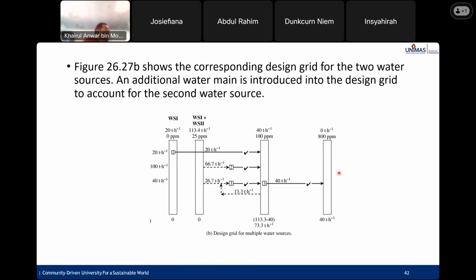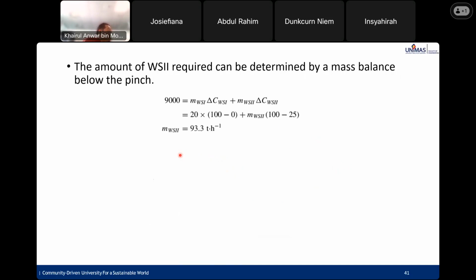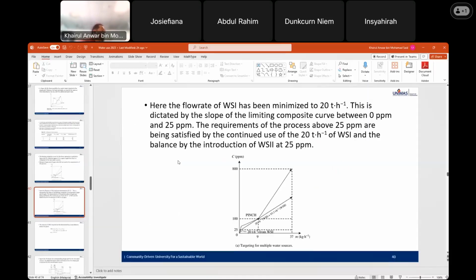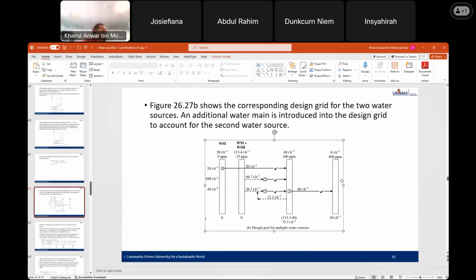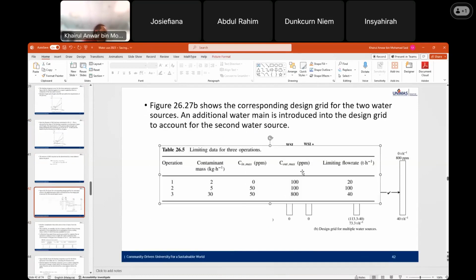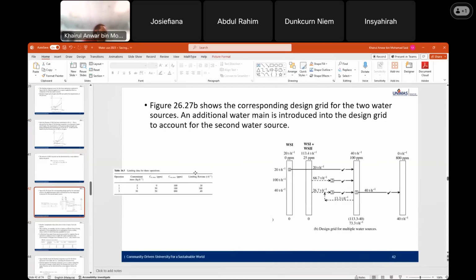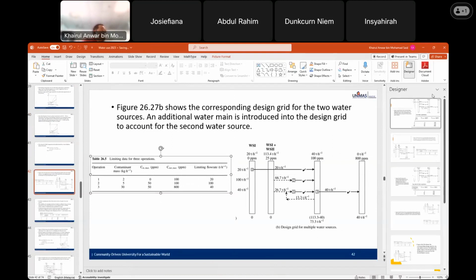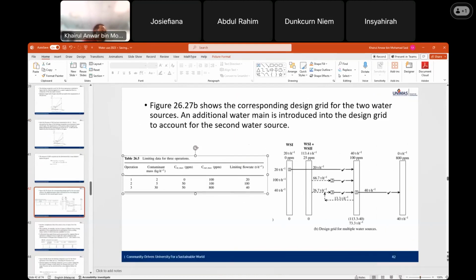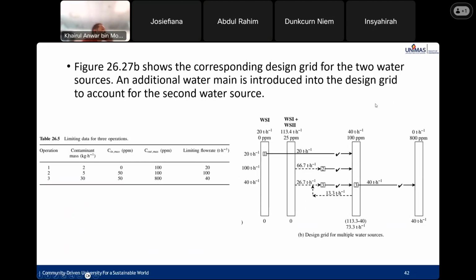This is the final. So in this case, 20 is the limiting flow rate. Okay.